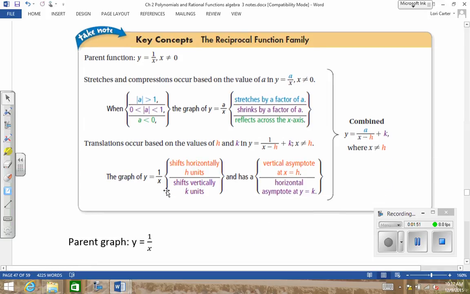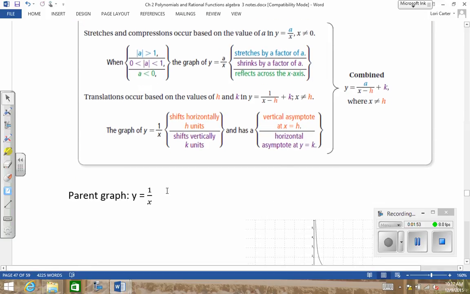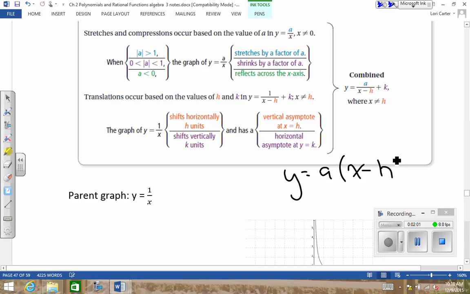When you go through it here, you remember A, H, and K from our other, you just had a test over them? So if I gave you y equals A times X minus H quantity, some exponent, right? We'll put a 2 there just for fun. Plus K. What did the A do? Yeah, it's your stretch, right?